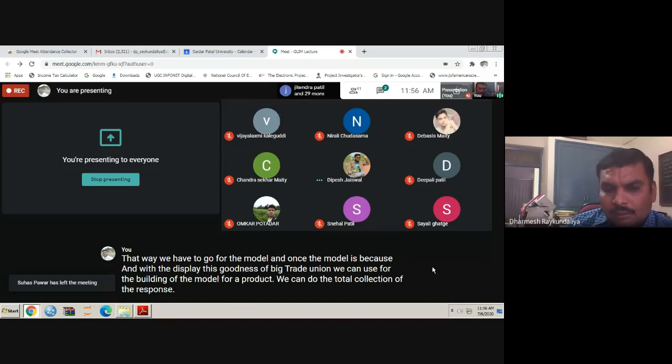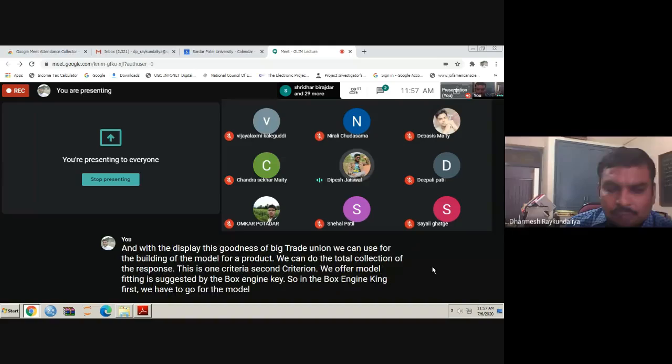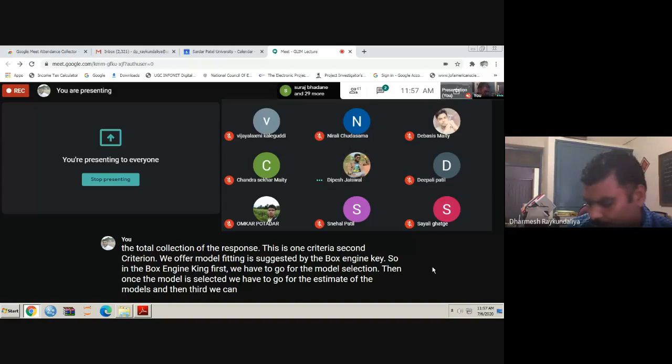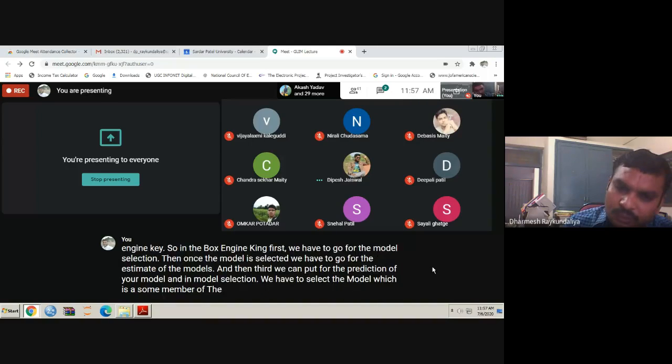The second criterion of model fitting is suggested by Box and Jenkins. In Box and Jenkins, first we have to go for the model selection. Then once the model is selected, we go for the estimation of the model. And third, we go for the prediction. In model selection, we have to select the model which is a member of a wider class, supported by the data, and having less complexity.